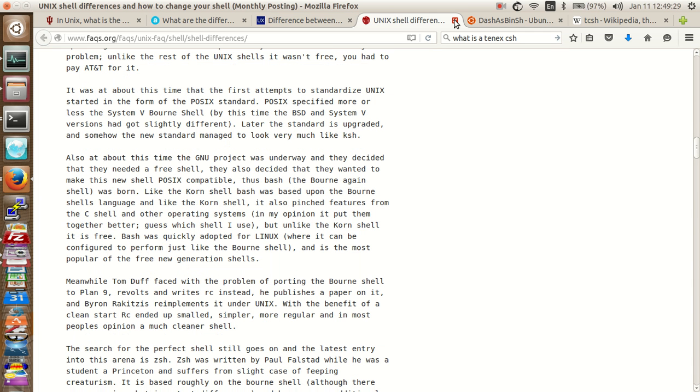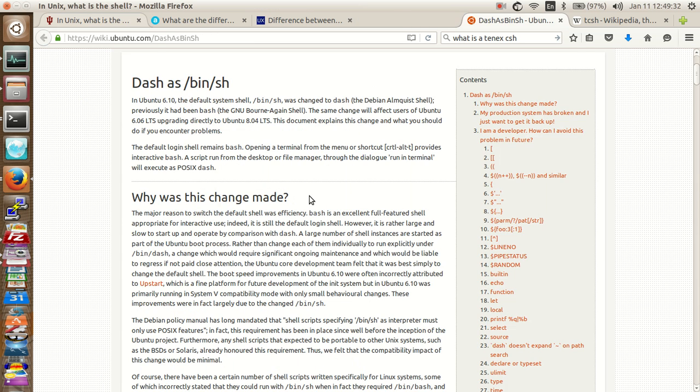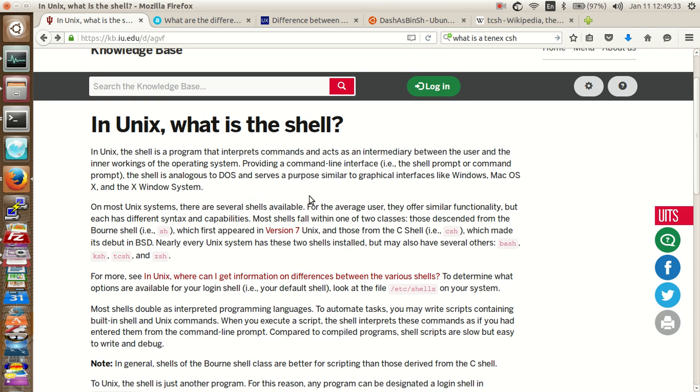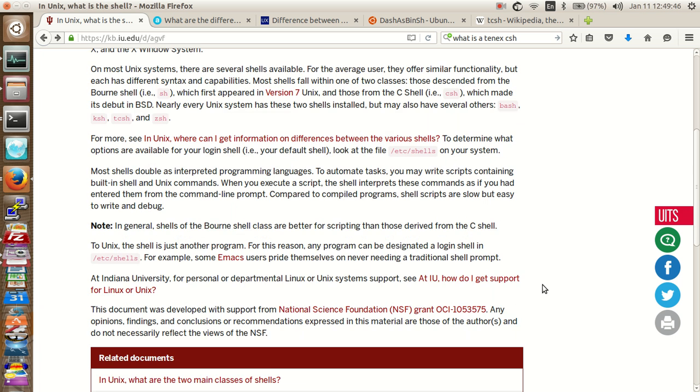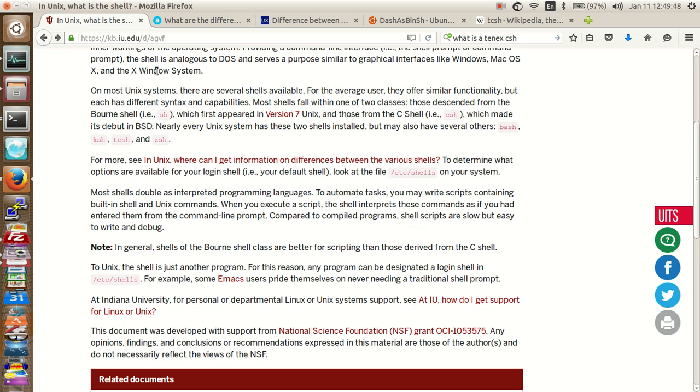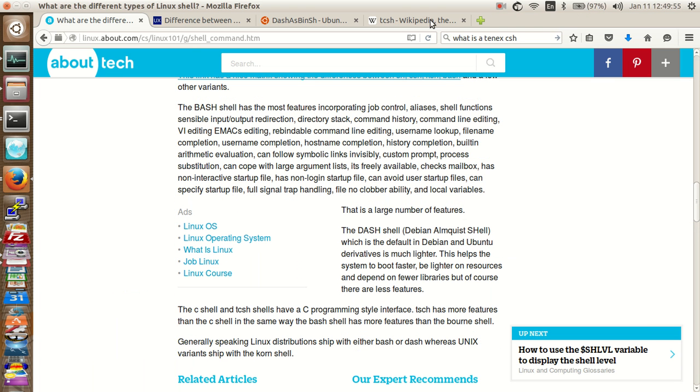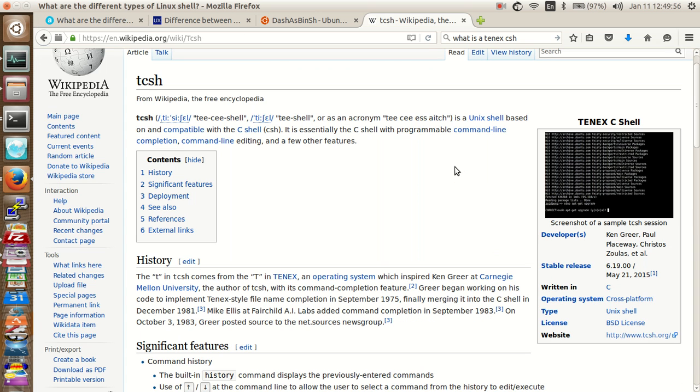So what is the shell? It interprets your commands and acts as an intermediary between the user and the inner workings of the operating system. Most Unix systems have various shells available, and most Linux systems also have various shells available. In a bit, we'll go through what makes shells different. Again, let me go through Tenex C shell real quick.